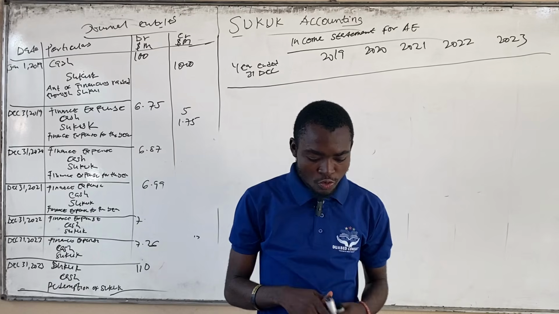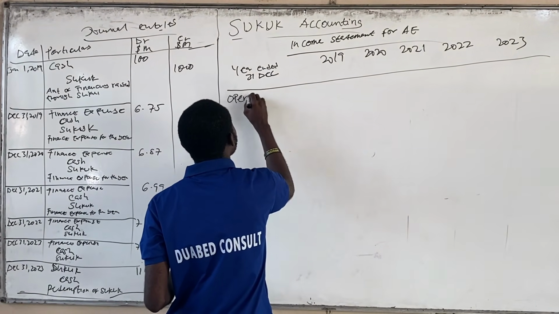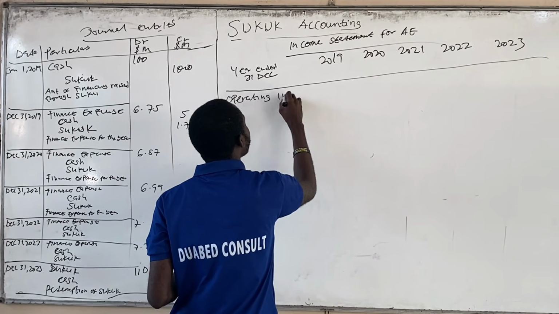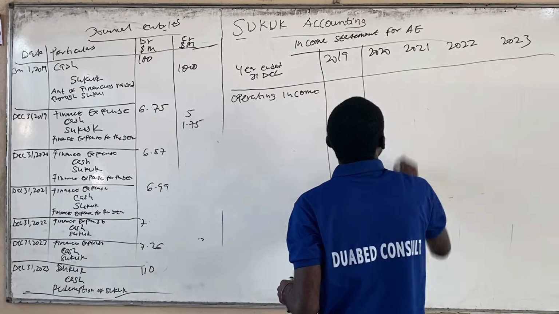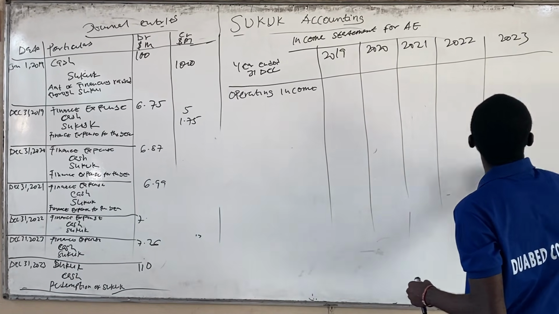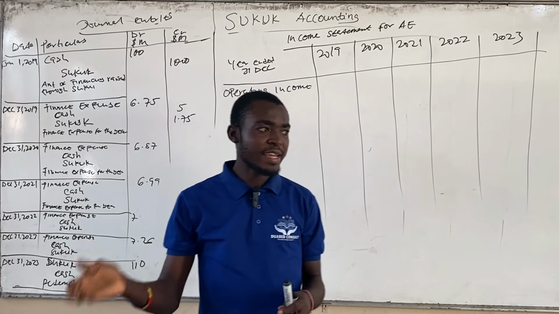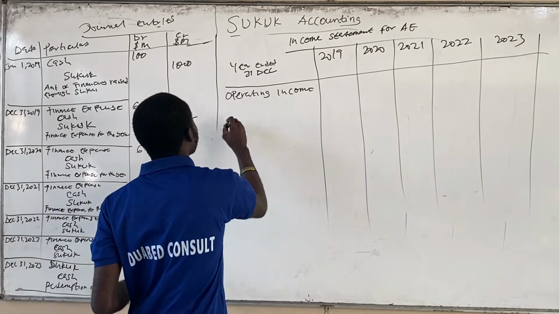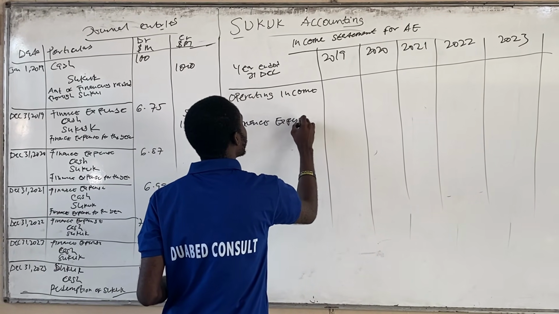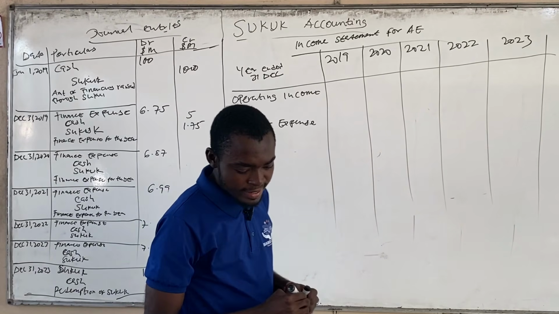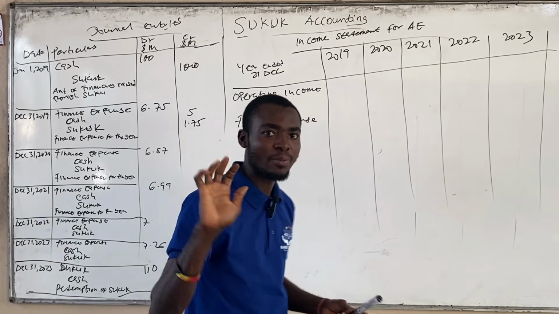Okay, so the next column will be the operating income. So after getting your operating income, we deduct the finance expense. And then the difference between the finance expense and operating income will give us the net income or the net profit.